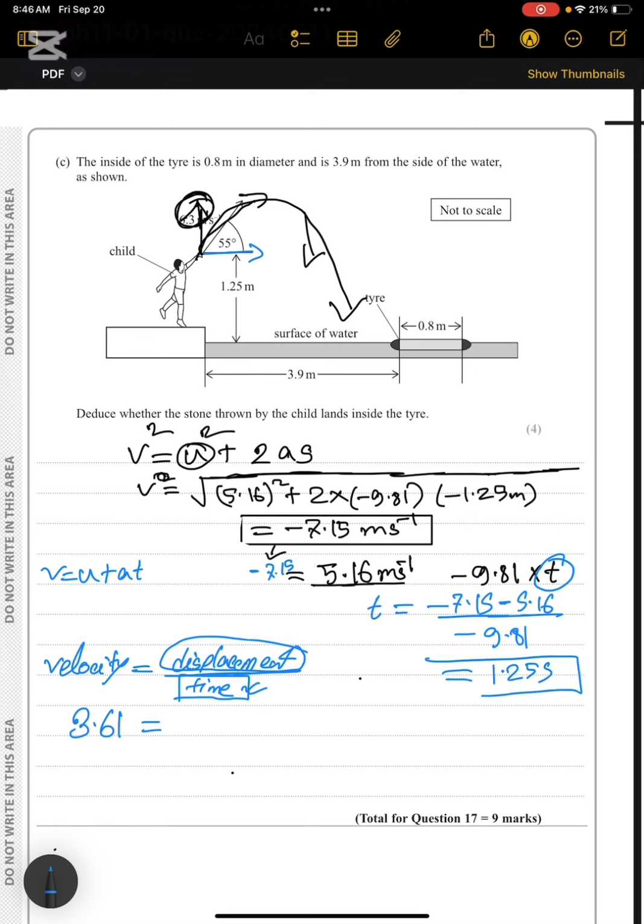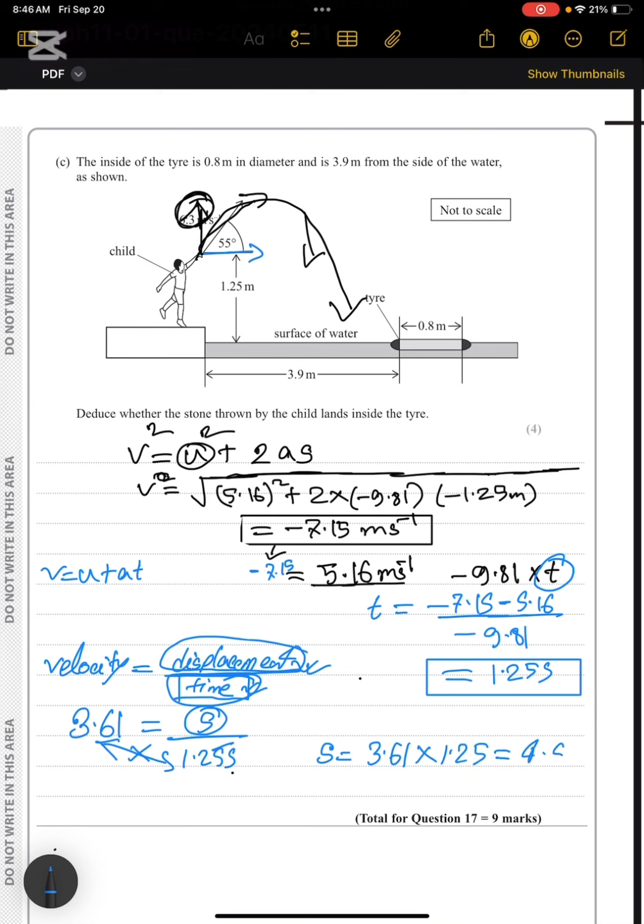So this is the time for the whole motion. Now that we know the time, we just have to find the displacement: 3.61 into 1.25. The answer will be 4.51.